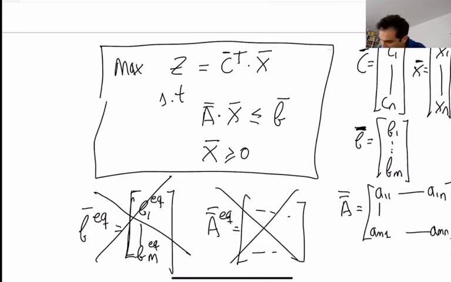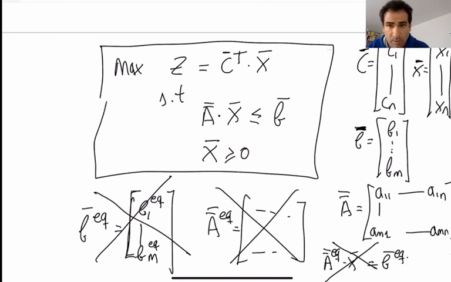We will have something like A equality times X equal B equality as an additional equation, but again, this is non-canonical. So you can see how to formulate a canonical linear programming model, both using algebraic equations and using matrices, and we will see this in the example that will come afterwards. Thanks very much.